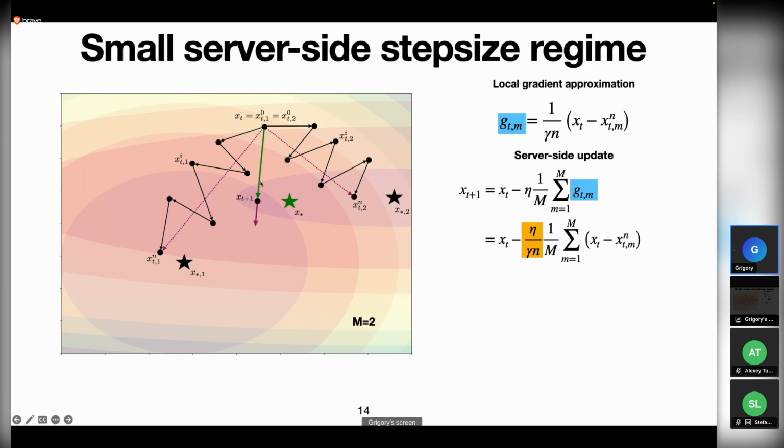And in total, our step would be a little bit smaller than if we just averaged 2 points. So this trick is also similar to the trick used in the look-ahead method in deep learning, but here we use it for the distributed case.